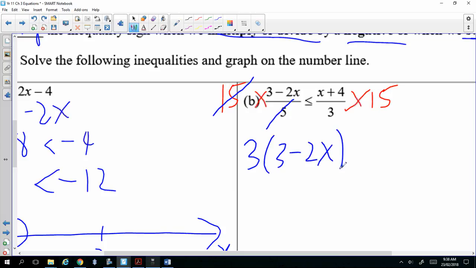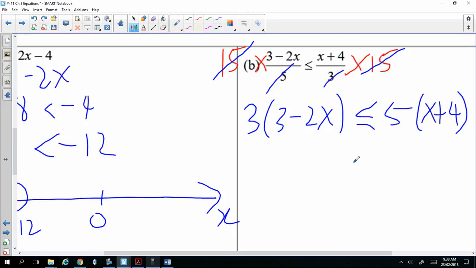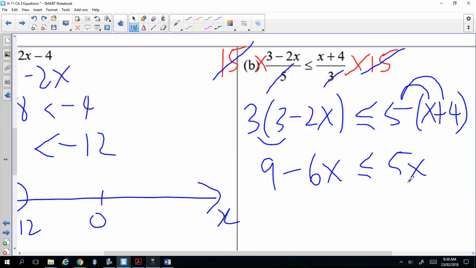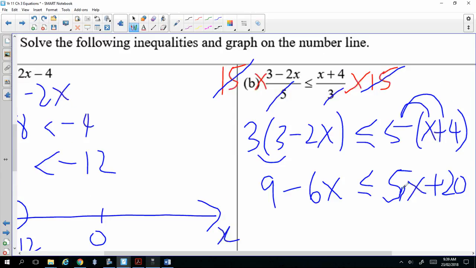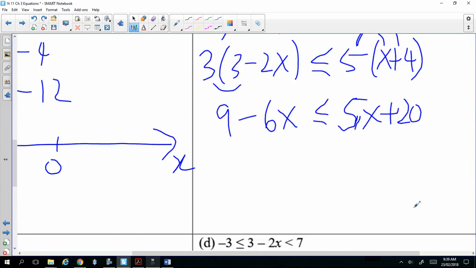And then you expand this, so you get 9 minus 6x less than 5x plus 20. Alright, and then you're going to add 6x to both sides. So 11x plus 20, and then you get negative 11. Then divide by 11, so you get x bigger than or equal to negative 1.